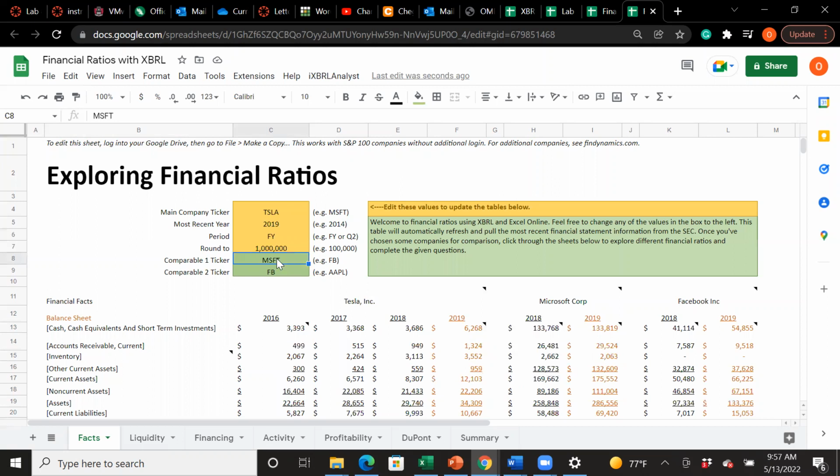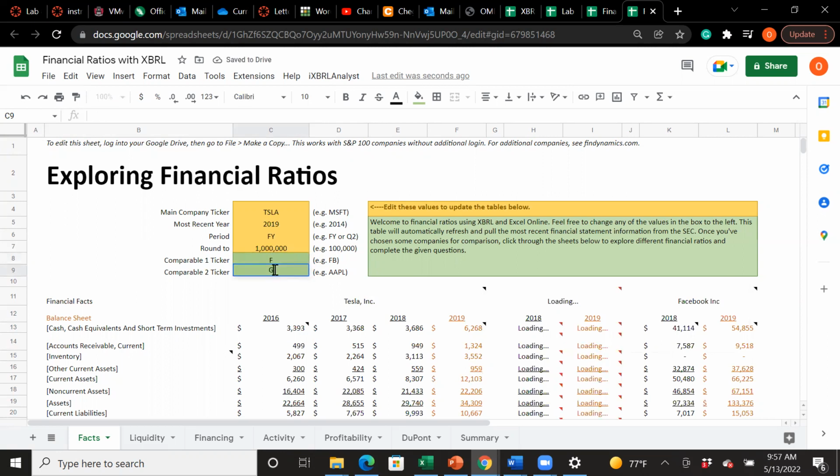We want to grab two companies that are within the same industry. So I'm going to put in Ford, no, not Facebook, and General Motors.